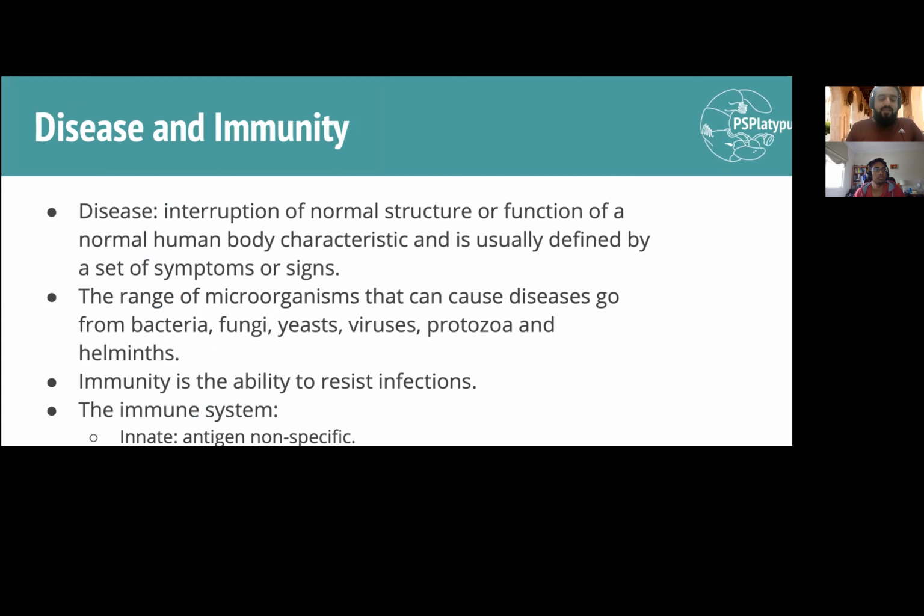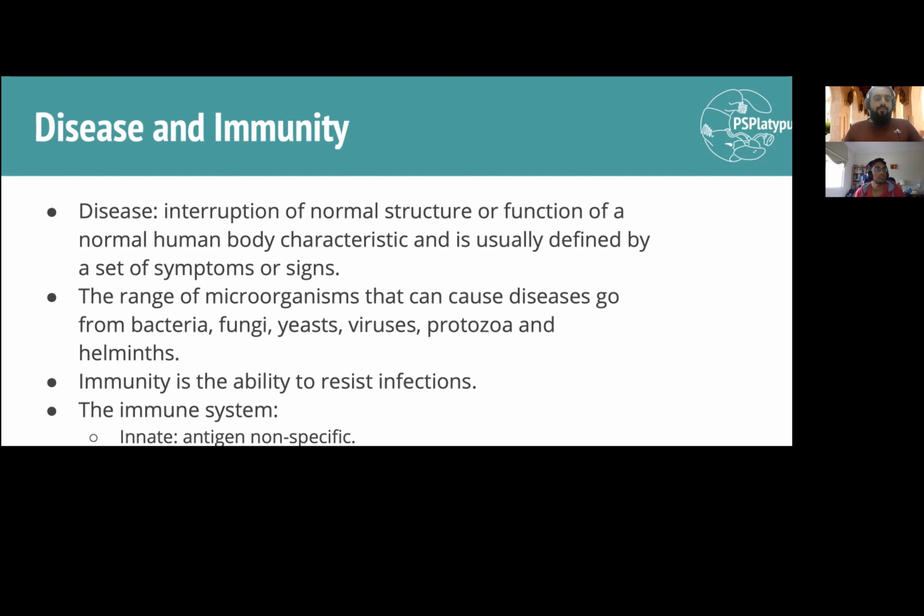Disease can be defined as an interruption of normal structure or function of a normal human body, and it's usually defined with some associated symptoms or signs. This disease can be caused by viruses, bacteria, fungi, yeast, and other microorganisms.